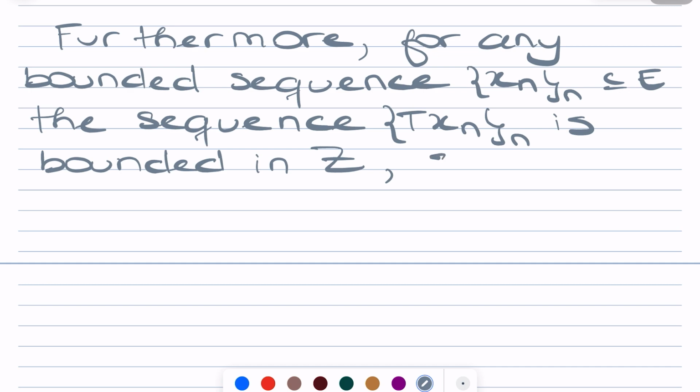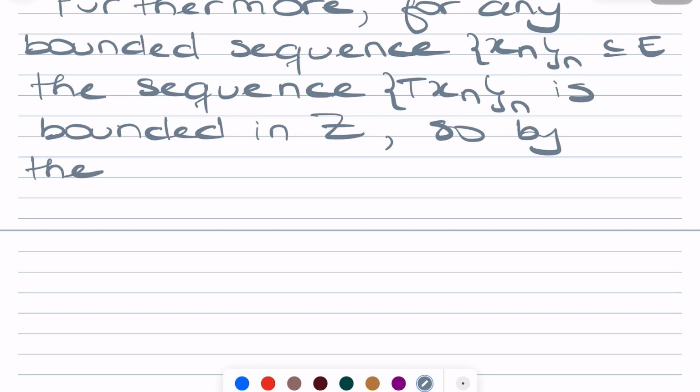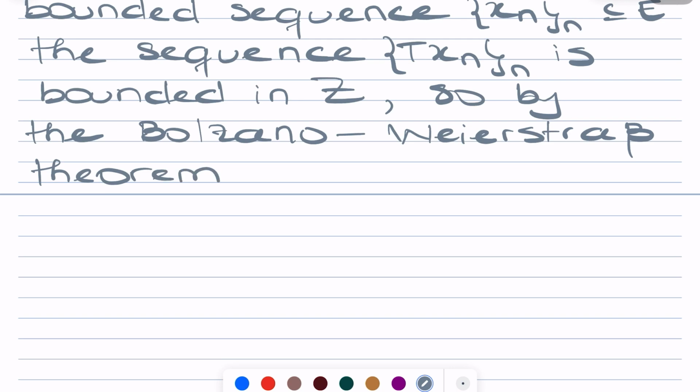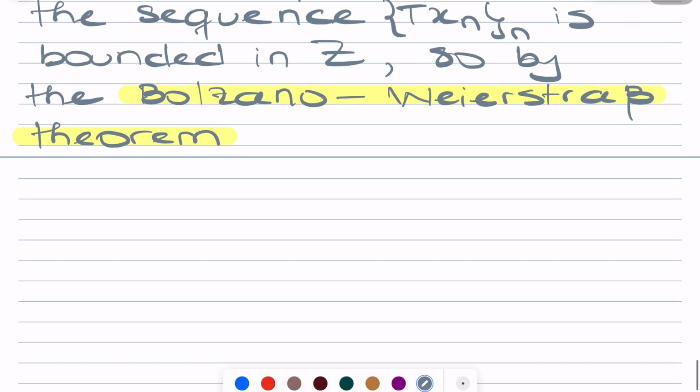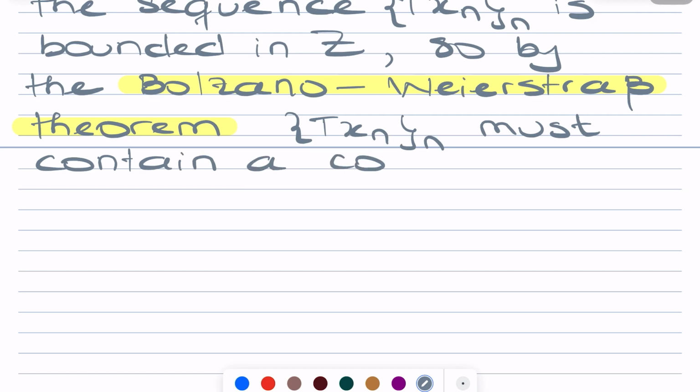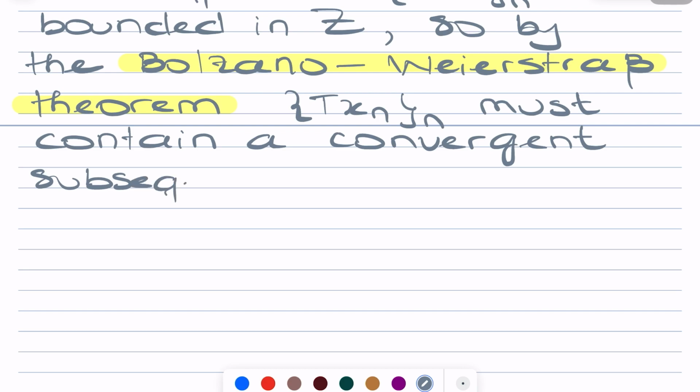So by the famous Bolzano-Weierstrass theorem, I write it the German way, Bolzano-Weierstrass theorem, the image sequence must contain a convergent subsequence.